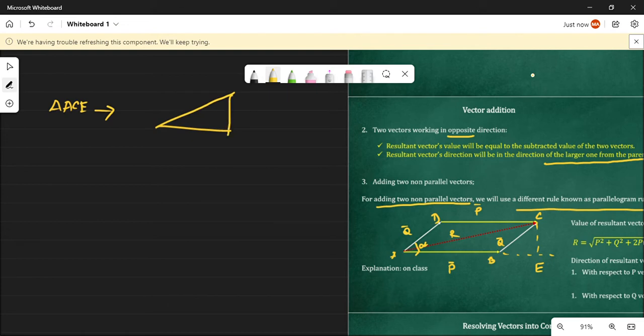ACE is a right angle triangle, 90 degrees. So this is R, this is A, C and E. R is the hypotenuse of the right angle triangle AEC. Okay, sorry, I have made a mistake.